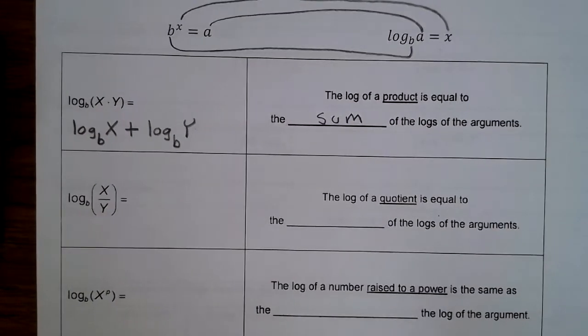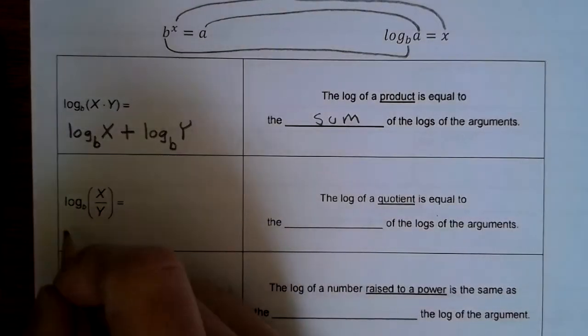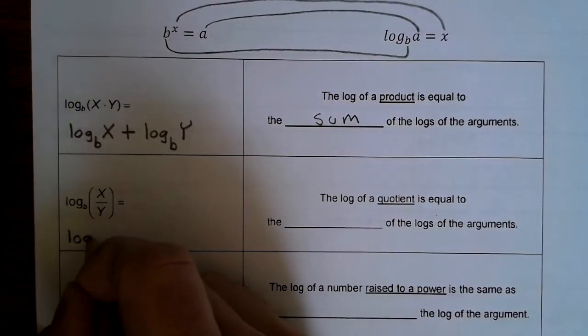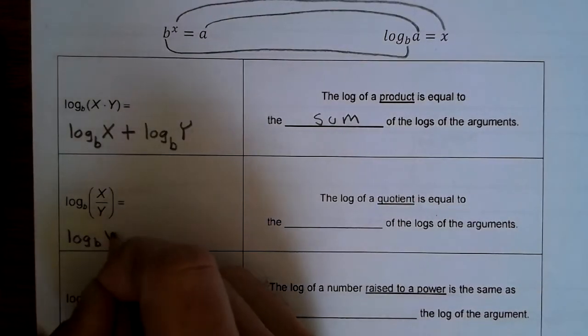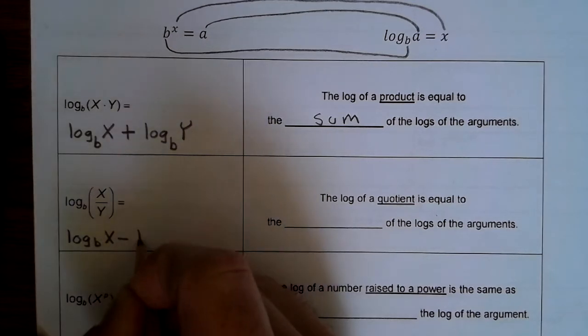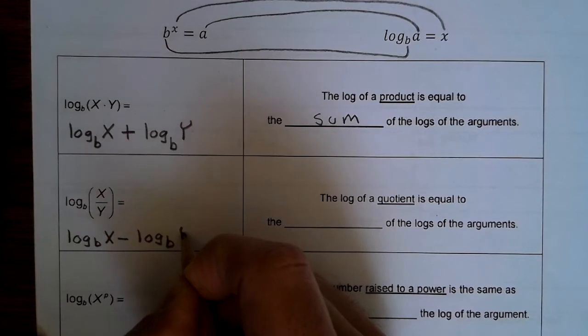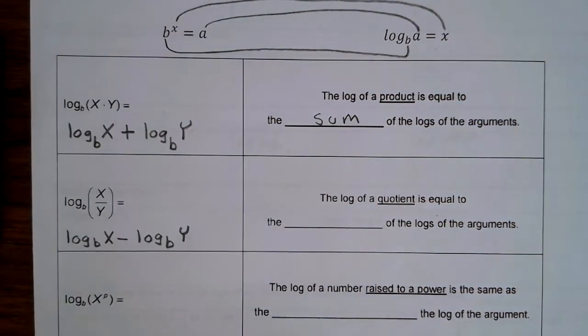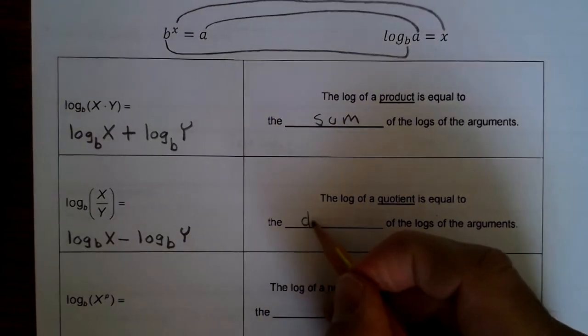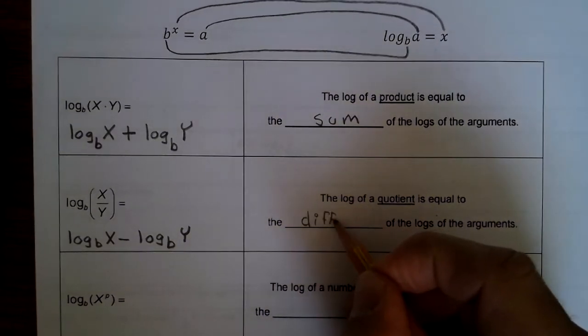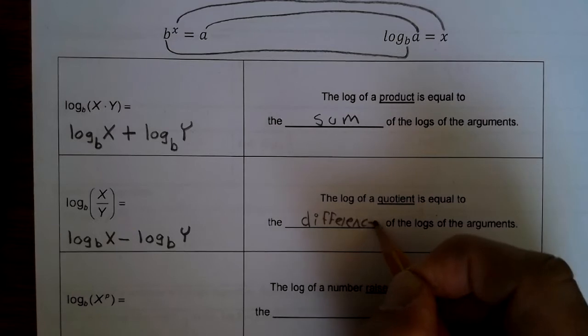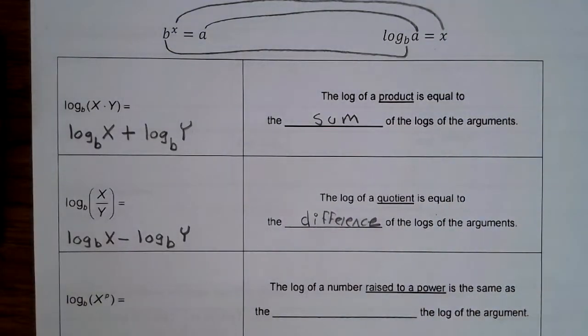Okay, log base b of x divided by y is log base b of x minus log base b of y. The log of a quotient is equal to the difference of the logs of the arguments.